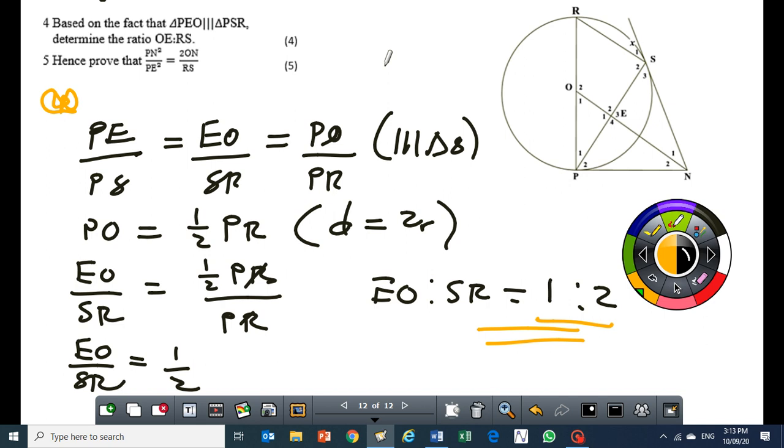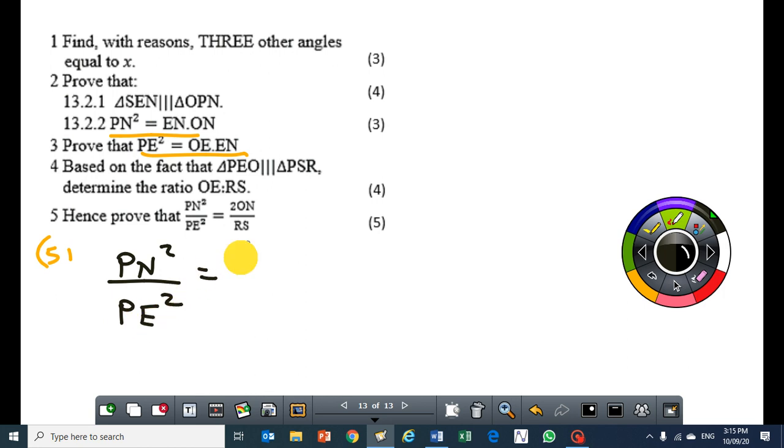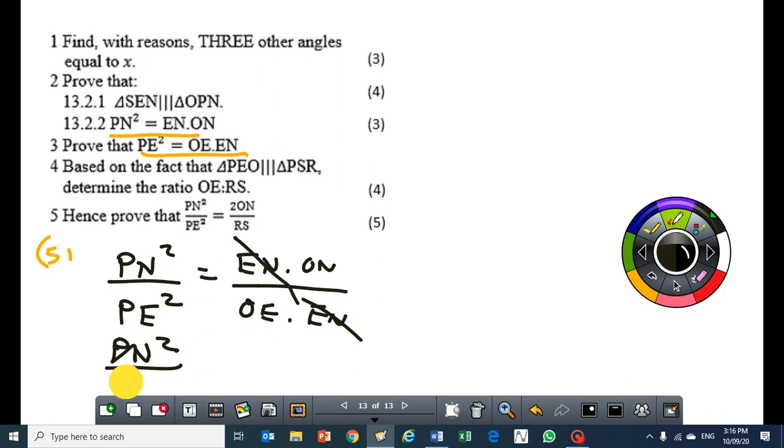So for question 5, you have PN squared over PE squared is equal to EN times ON all over OE times EN. Okay, these two are like terms. They're going to cancel out. So you end up having PN squared over PE squared is equal to ON over OE.